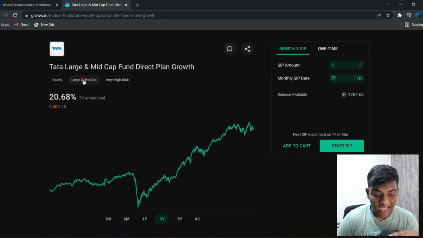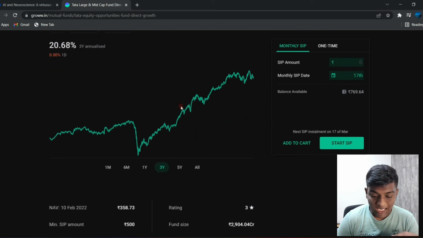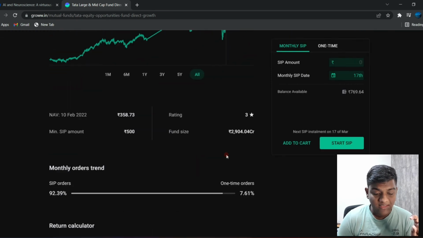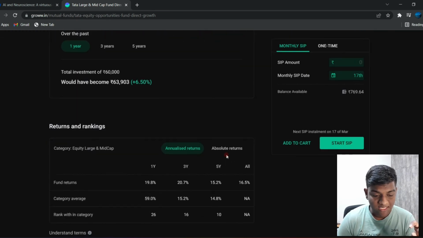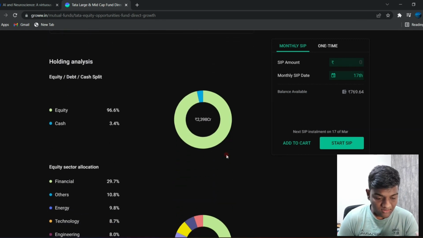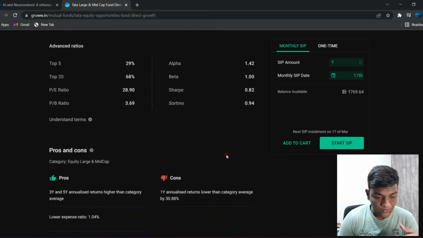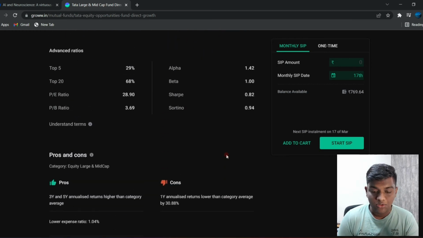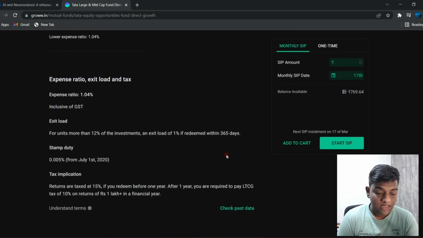So even this is very high risk. The all-time CAGR is 16%. This is from Tata. The basic thing you must do is check the holdings, check whether these are good holdings, and then come to alpha beta. Alpha beta is also something you could check, and expense ratio, exit load, and the tax.